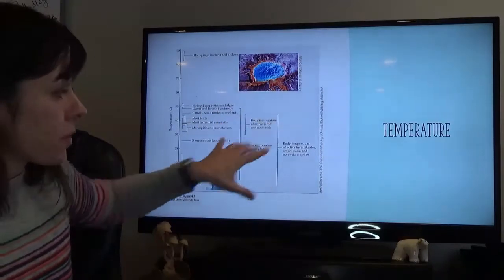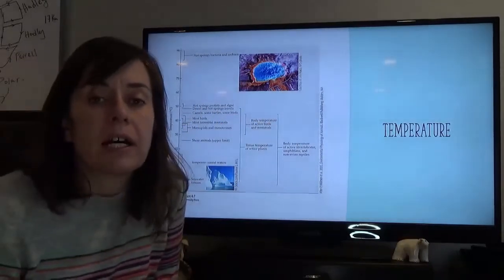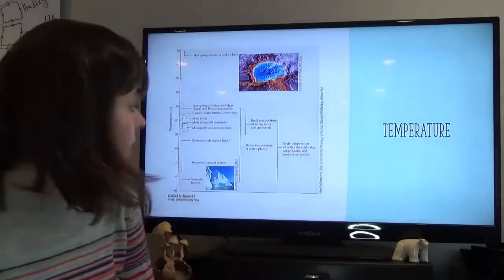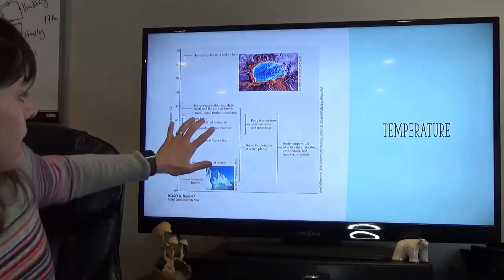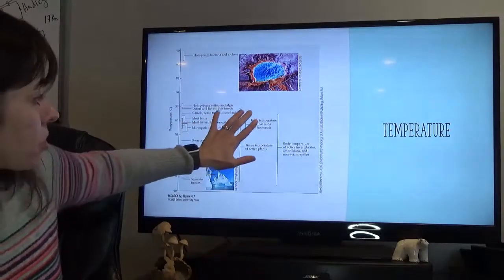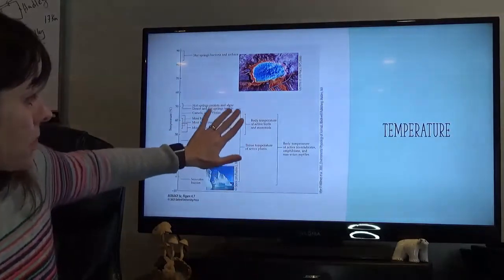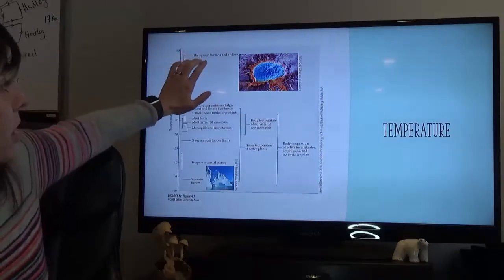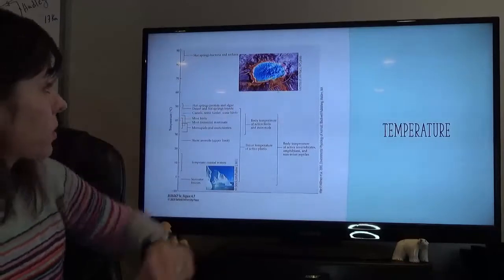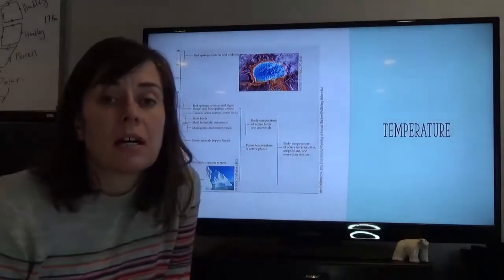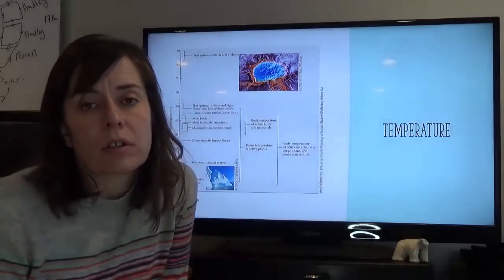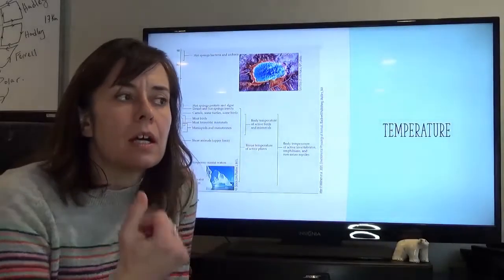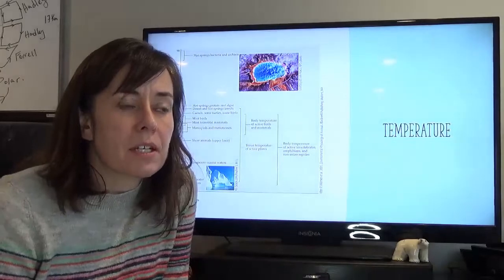up to fairly warm temperatures that match the body temperature of active birds and mammals, up to incredibly hot temperatures when we're thinking about, for example, hot springs, bacteria and archaea, or organisms that are able to live in deep sea thermal vents.